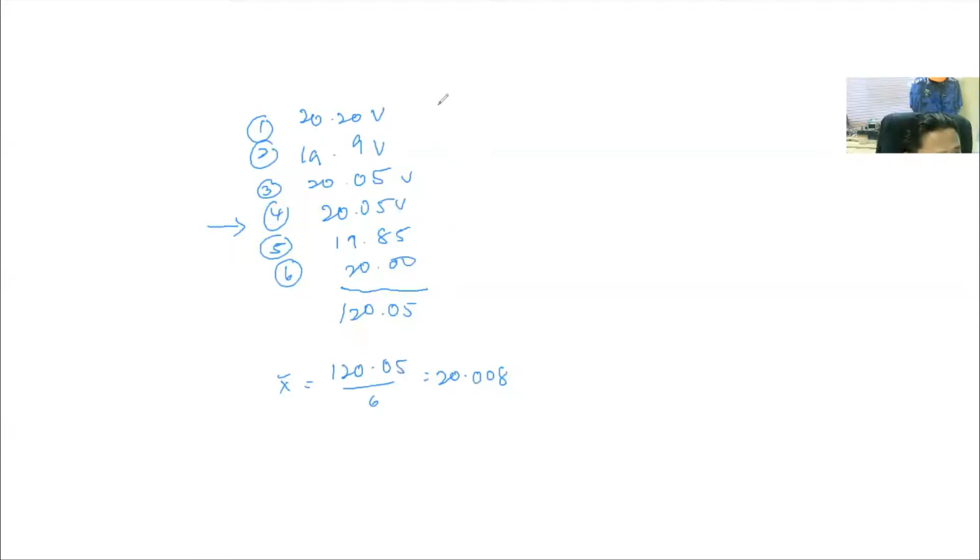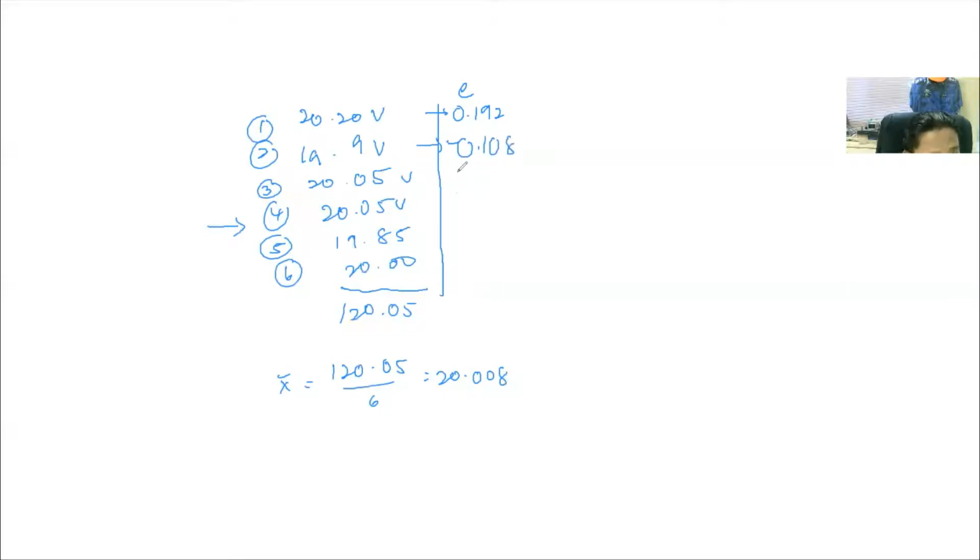From this we can calculate the error. That means the x bar, the expected result, minus data number 1, and so on. Next, the expected 20.008 minus 19.9, for example. So the error for the first is 0.008, then next negative 0.192, then negative 0.108.